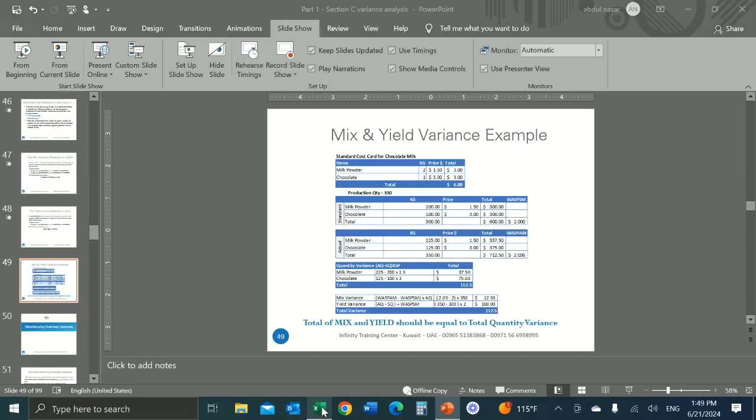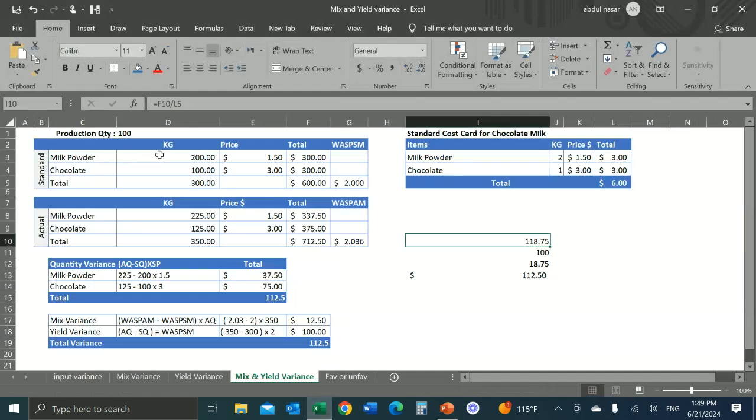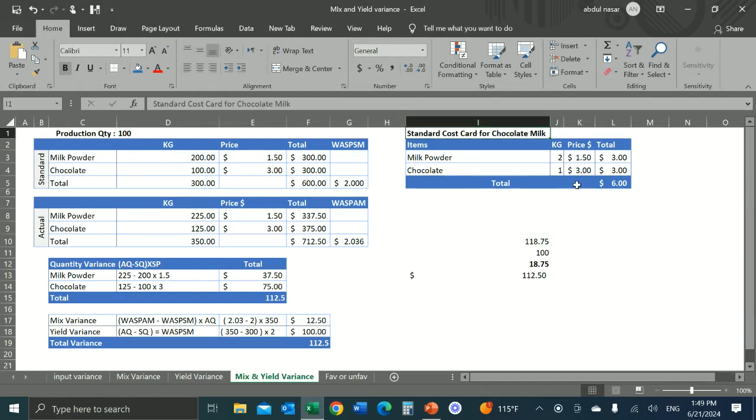So what we can do is open this Excel sheet and see some scenario here. You are making chocolate milk. In that you need milk powder and chocolate as ingredients, and you need 2 kg of milk powder and 1 kg of chocolate. These are just hypothetical numbers.